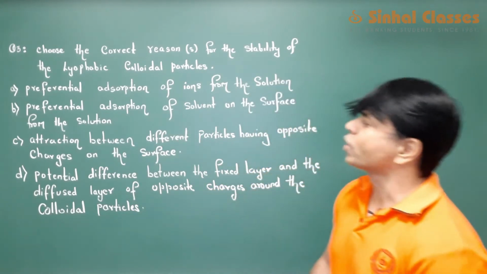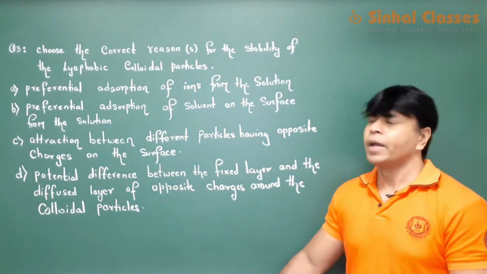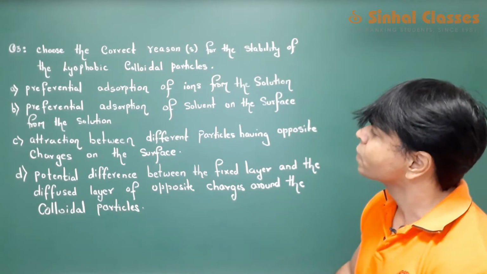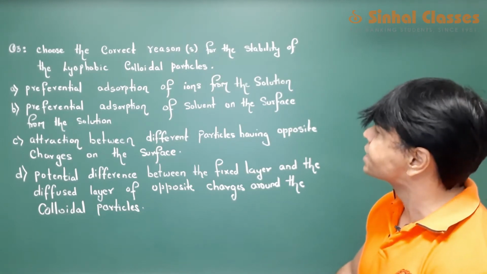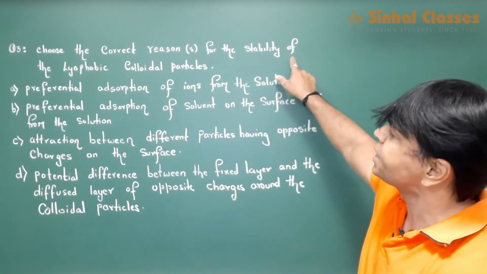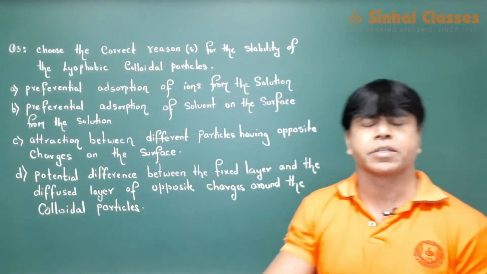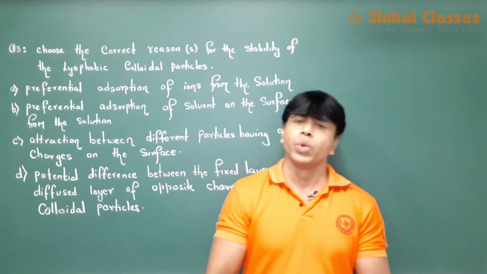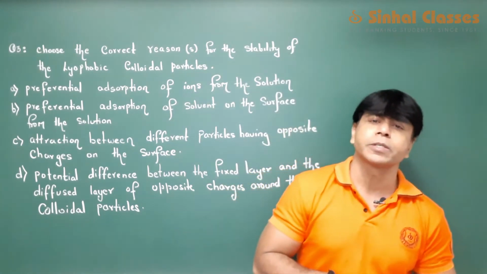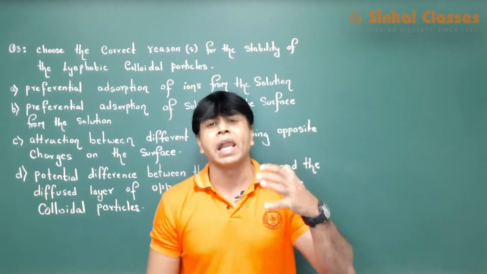Okay student, have a look at this question now. It says, choose the correct reason for the stability of lyophobic colloidal particles. We know that there are two types of sols, lyophilic and lyophobic.